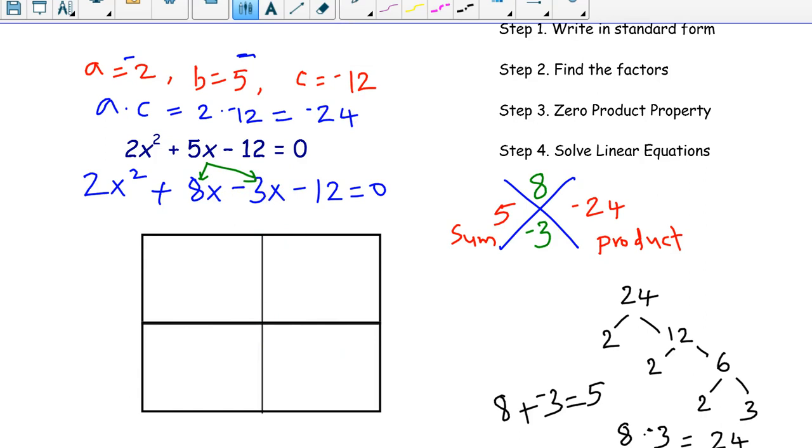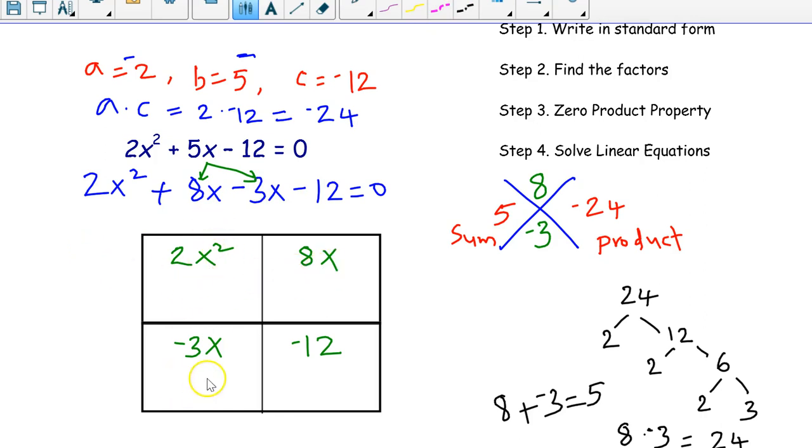Let me write down here 2x square in the first, 8x, then negative 3x, minus 12.